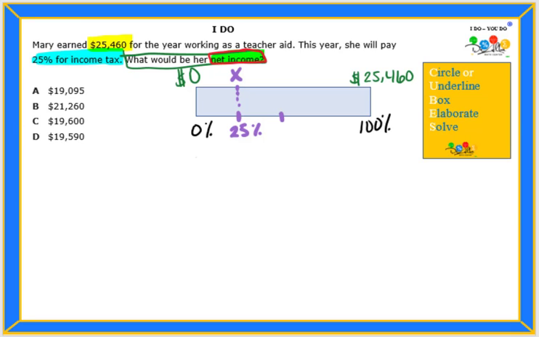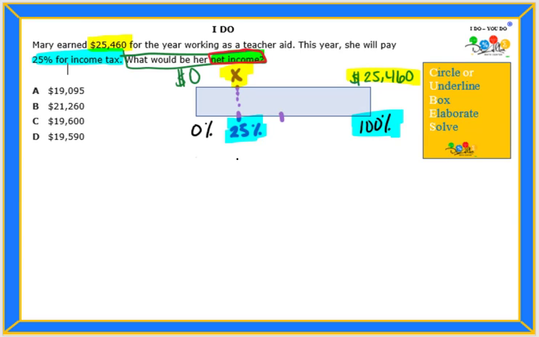So now we can set up our proportion because we know that $25,460 corresponds to 100% of the income, but we want to know how much money corresponds to 25%.